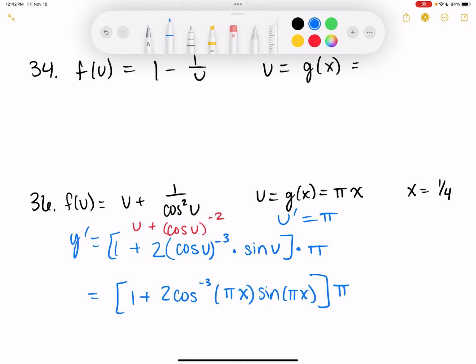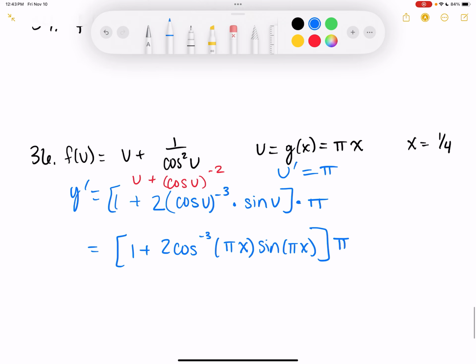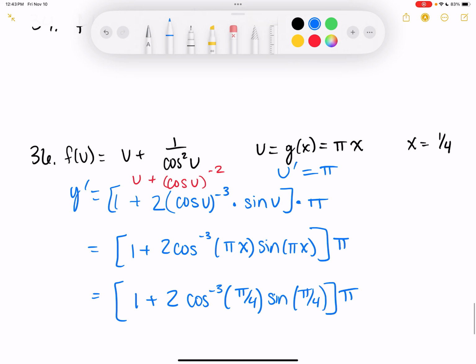So now at this point, we replace x with, sorry, not pi over 4, with 1 over 4. So we've got 1 plus 2 cosine to the negative 3 of, it ends up being pi over 4, times the sine of pi over 4, all times pi.